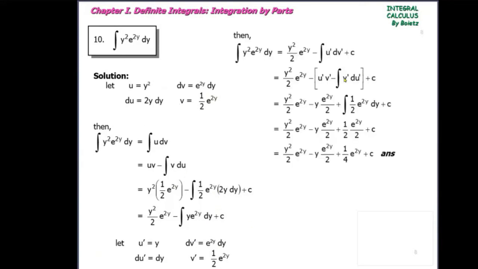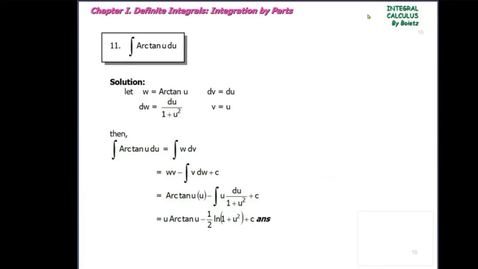Ito naman ay y squared naman e to the 2y. Ito, ang mahirap lang dito, nakakalito na kasi e to the 2y. Your u here is 2y. So, medyo yung mga constant na babago na dyan eh. So, kaya mahirap pagka hindi ka gagamit ng substitution. Baka magkamali-mali ka doon sa coefficients. Ayan o. Okay, so that is the solution.